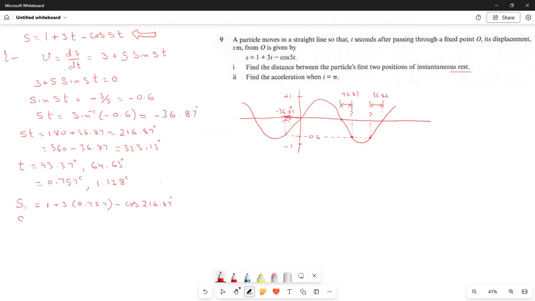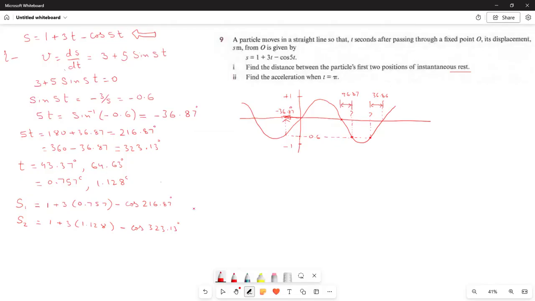And S2 is the position when it stops for the second time, and that we can calculate by using the second value of the time. So 1 plus 3 times 1.128 and minus cosine of 323.13 degrees.